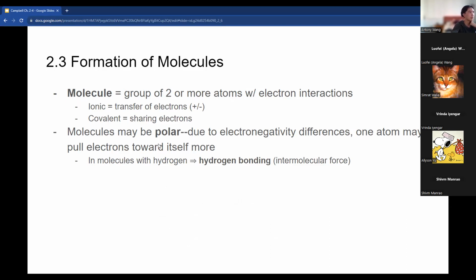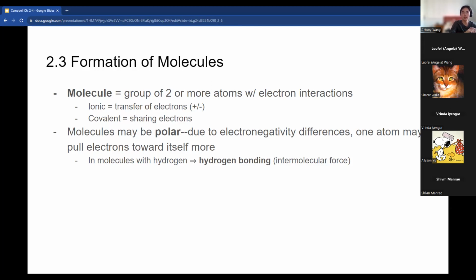And one important property of a molecule is its polarity. Basically, when two atoms form a bond, sometimes the electrons shared in the bond aren't equally shared, meaning one atom, because it has more protons, because it's smaller, will pull the electrons closer to it.